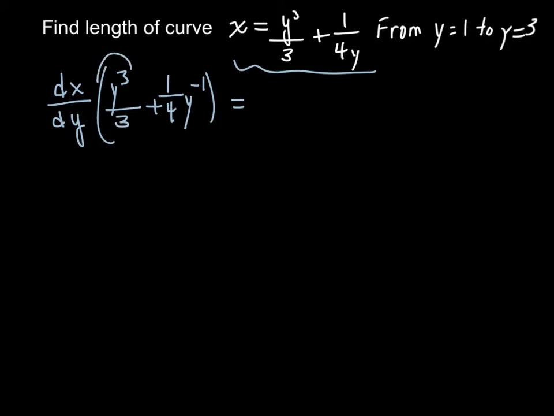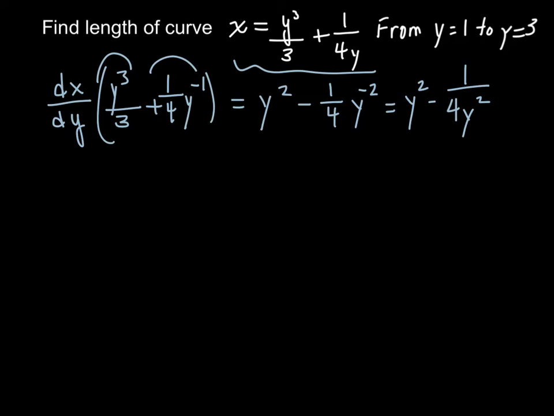If we take the derivative, we bring the 3 down, so the 3's cancel, subtract 1, that becomes y squared. Bring the -1 down, that becomes -1/4 y to the -2. Or we can rewrite this as 1/4 y squared. I just brought the negative to the denominator.